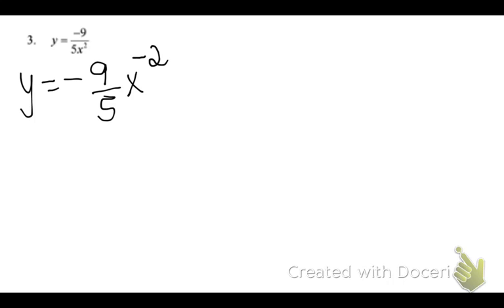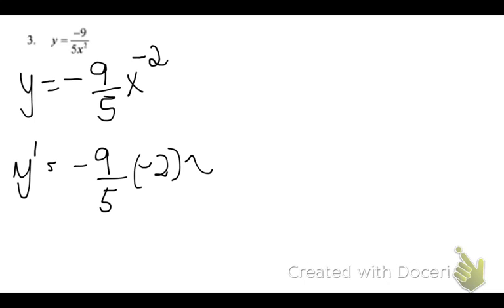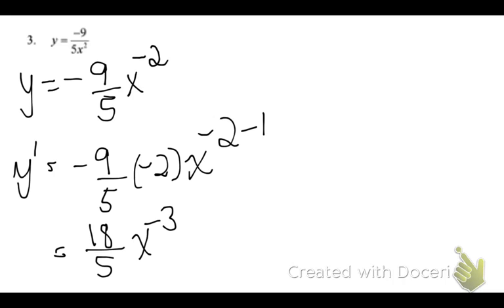And then this becomes very simple. It's just using our power rule. So y prime would be negative 9/5 times negative 2, x to the negative 2 minus 1, which will give me 18/5, x to the negative 3. And then since we started with a quotient, started with our exponents positive, we'll bring that back down. So this would be 18 over 5x cubed.